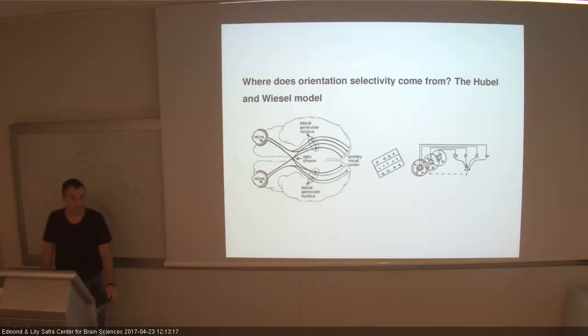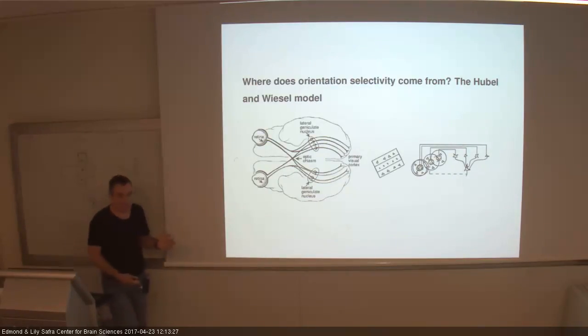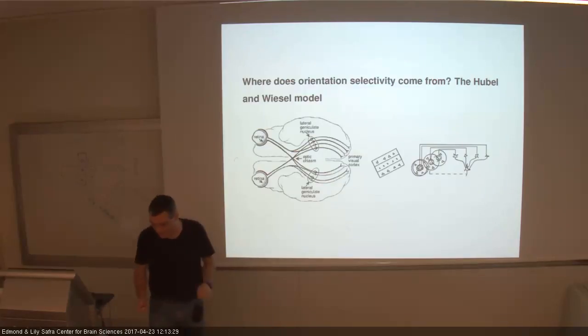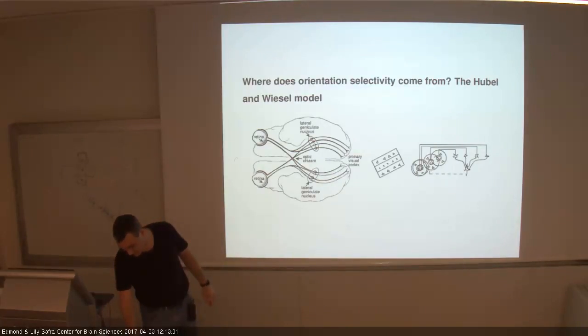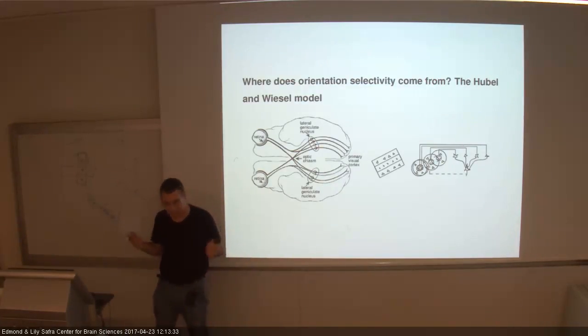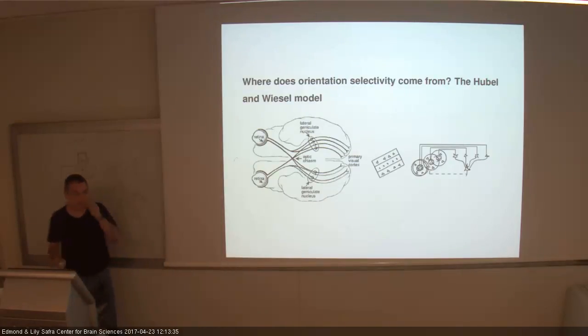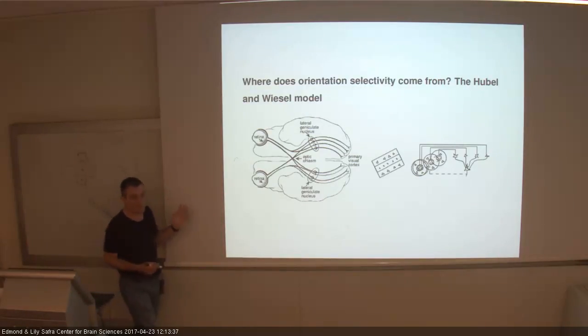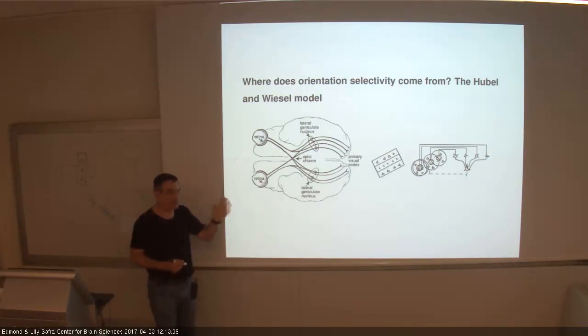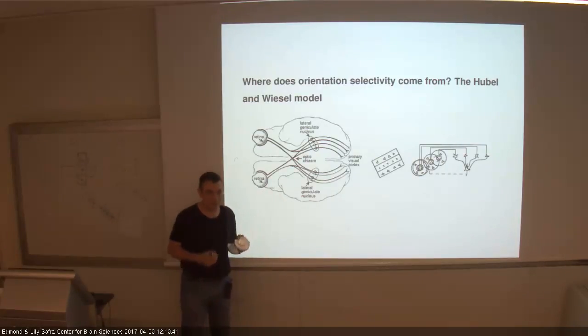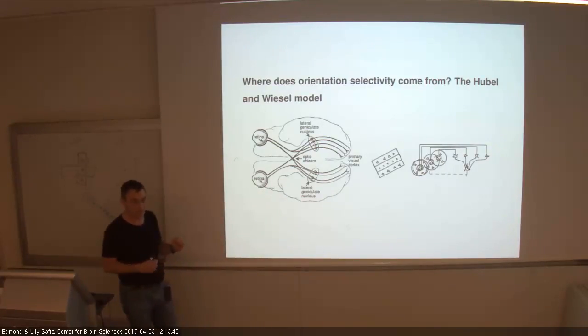Yes? And if you do find direction selectivity in the retina, then... well, this is orientation selectivity, not direction selectivity. Okay, orientation. So if you find some orientation selectivity in the retina, then... there are two possibilities, right? One possibility is that all the selectivity in the primary visual cortex is the result of selectivity in the retina.